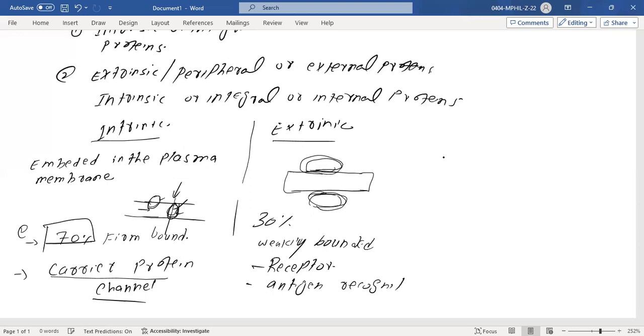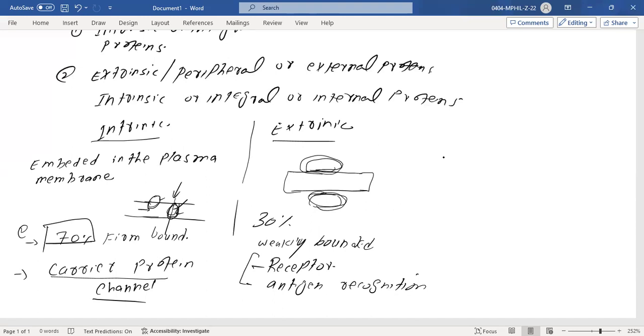So we can give 2 to 3 differences between intrinsic and extrinsic proteins, because we have divided these proteins based on their location, how they are present in the cell membrane. If the proteins are embedded partially or completely in the plasma membrane, we call them intrinsic proteins.